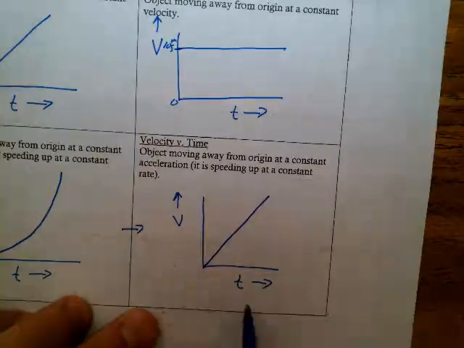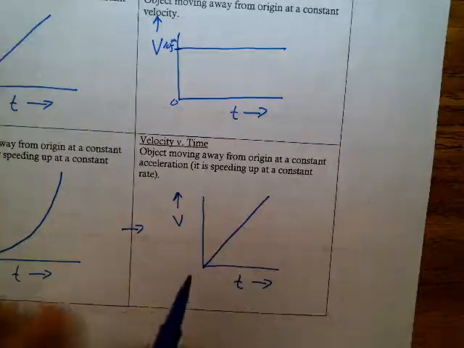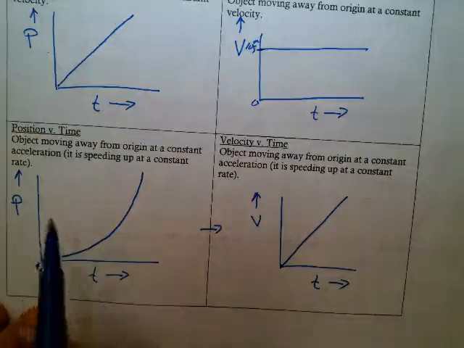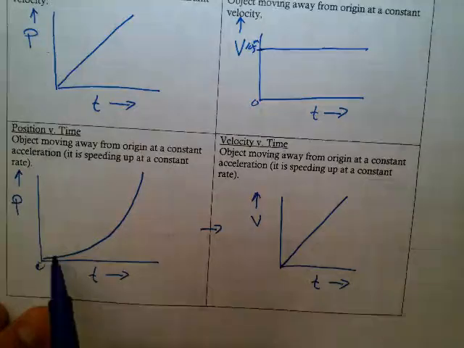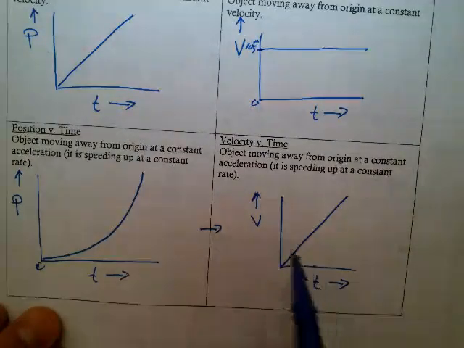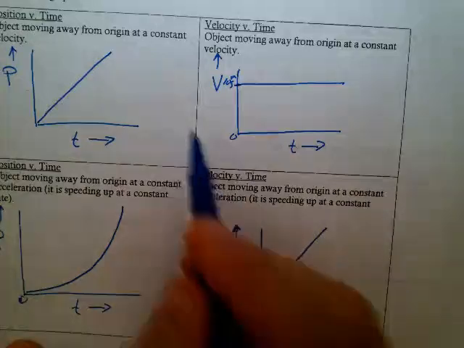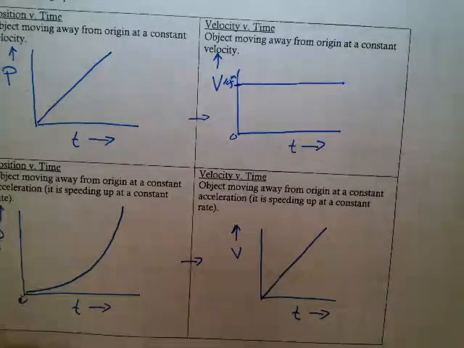Again, a velocity time graph, and the velocity is always increasing. That's what we saw over here. On the position time graph, it goes faster and faster, and if we look at the velocity time, it shows the velocity always going faster and faster. These two match, and these two match. And I'll leave number 5 up to you.